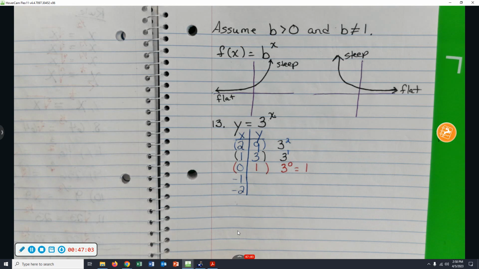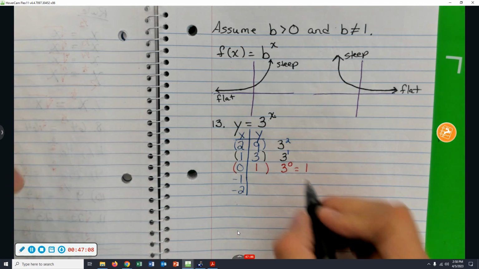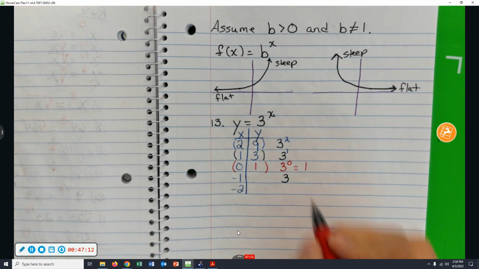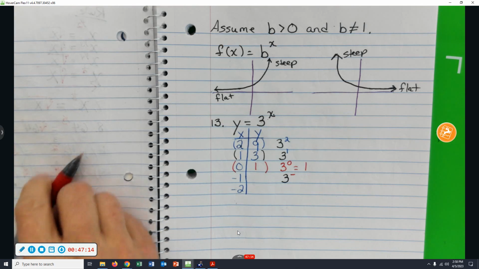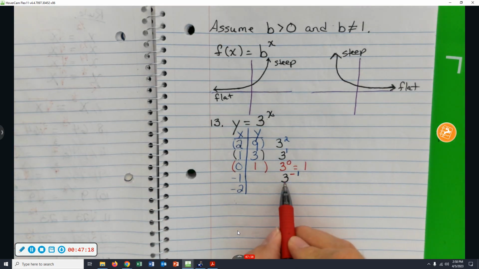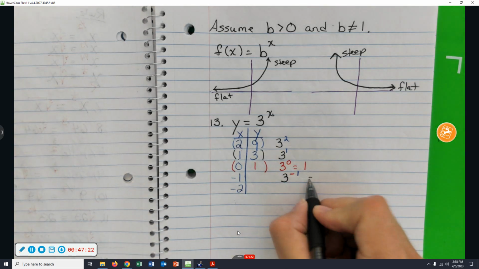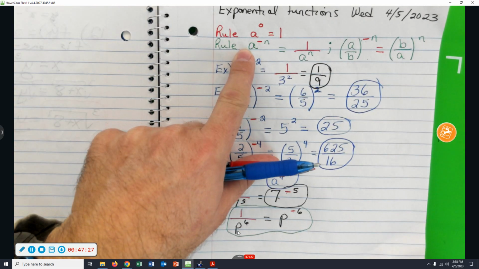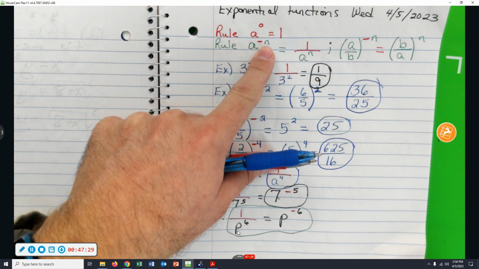And now we're going to start with those negative exponents. So, -1. Be careful. You weren't making that mistake earlier. If you had 3 to the -1 power, what did we say? If you have a number to a negative power, let's look back over here. So it's 1 over 3.